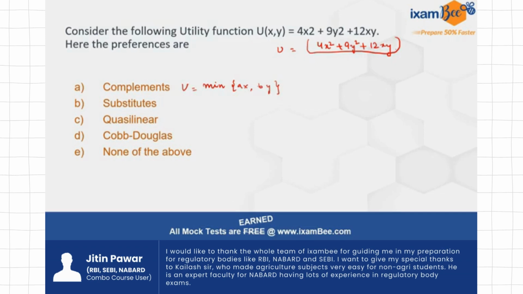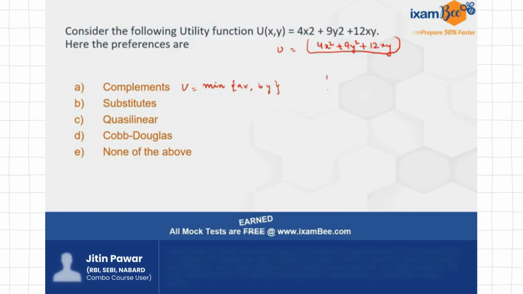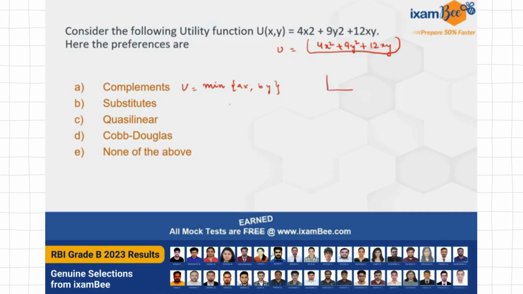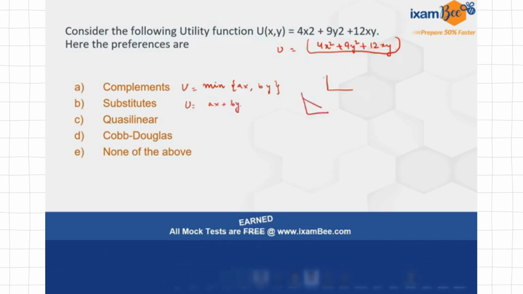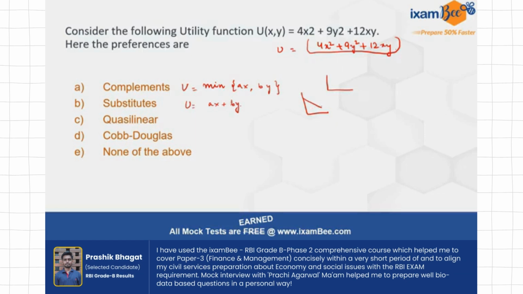And this is how you represent the utility function, and the indifference curves for these are L-shaped. Similarly, for substitutes, the utility function is ax plus by, and the indifference curves are straight lines, downward sloping, and the slope would depend upon the values of a and b, right?